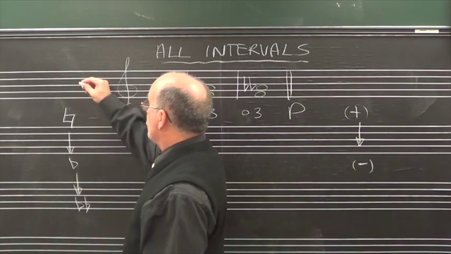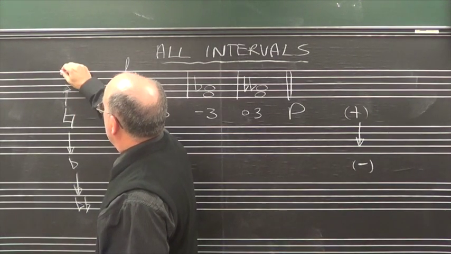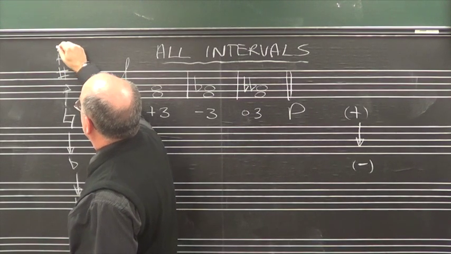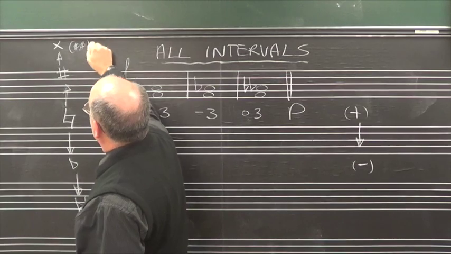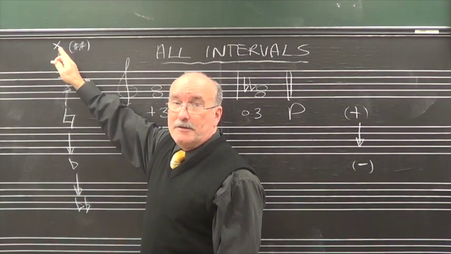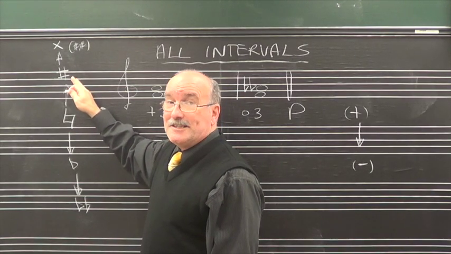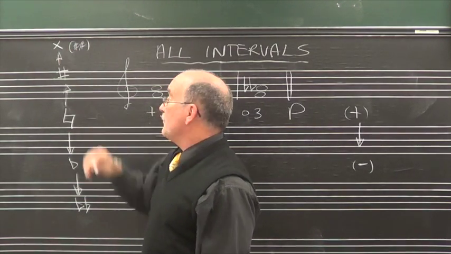Now we need to go the other direction as well. If we raise a natural, it becomes sharp, and if we raise it again, it becomes double sharp. Double sharp in music is indicated with an X. So natural, raise it a semitone, becomes sharp, raise it again, becomes double sharp, indicated with an X.